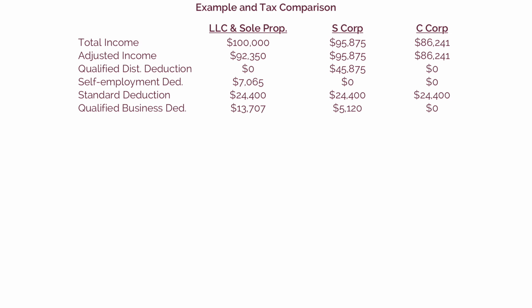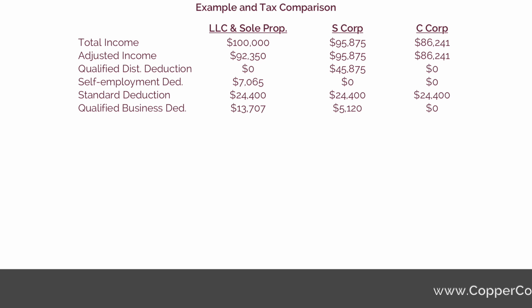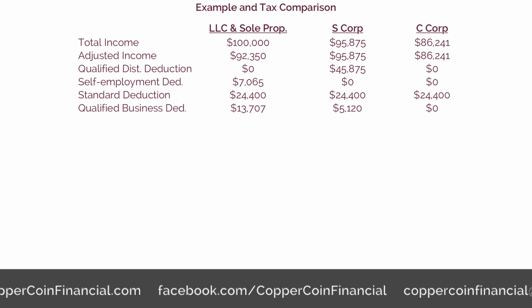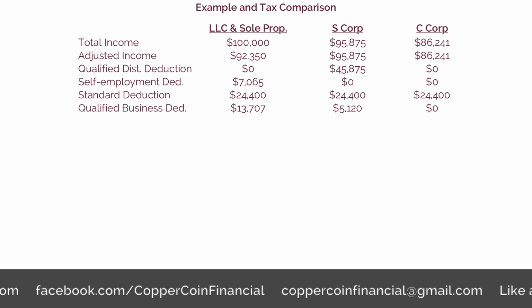And then for S corporations, that's going to be $521. This is roughly a 20% deduction on some of your pass-through. The calculation takes a few different ifs and thens kind of scenarios. So you'll want to reach out to a tax professional like myself or somebody else to get that specific number for you. But in this scenario, that's the deduction.